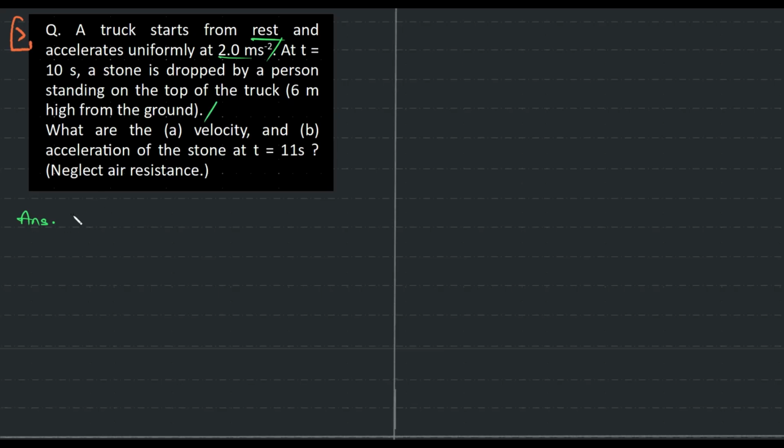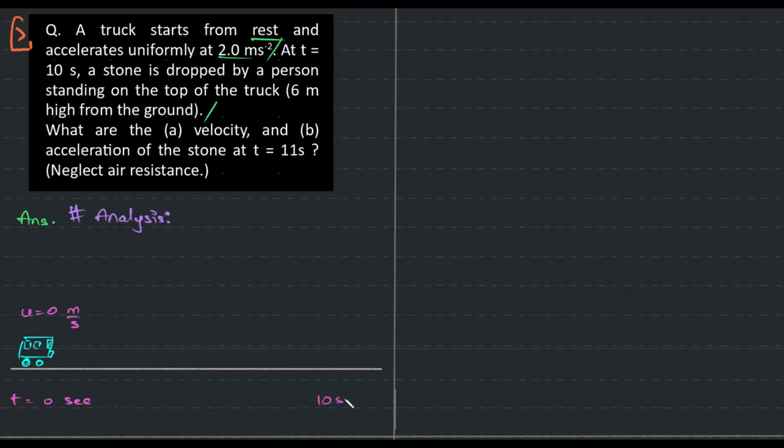So first thing is we have a chance to draw. Let's do that. So we have a vehicle which starts at rest at time equal to 0 seconds, and the other time is 10 seconds.